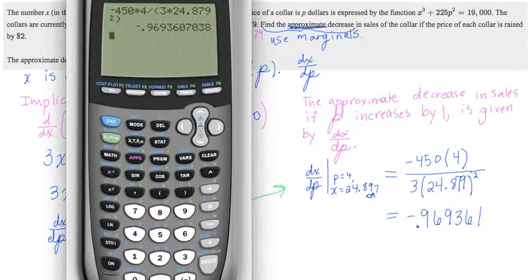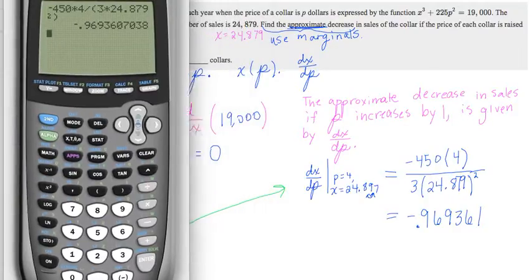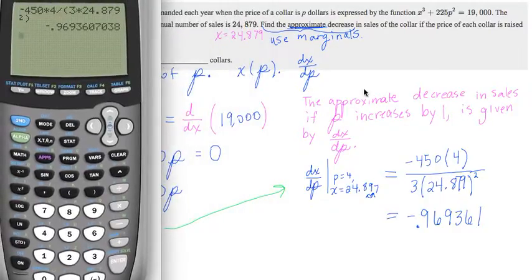That's the decrease in sales in thousands, since that's our unit on x, per increase in dollars. So when the price goes up by 1, sales drop by this many thousand.